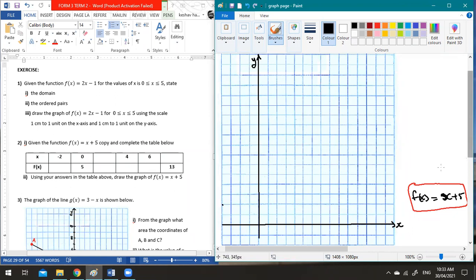Now remember, I have to get negative 2 and 8, so I'll count every centimeter as 1. 1, 2, and remember it's on the blue line. 4, 5, 6 on the blue line. 7, 8, and I can put one more for extra.